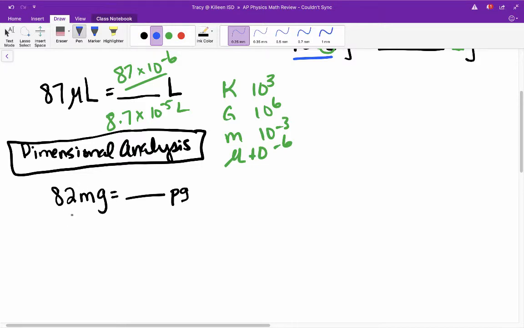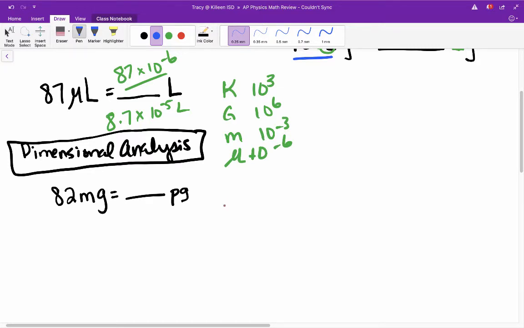So if I'm trying to get from 82 milligrams to picograms, I can't really use King Henry died by drinking chocolate milk, because pico isn't on there. I may know that pico is smaller, so it's on the milli side, and I might be able to figure that out.